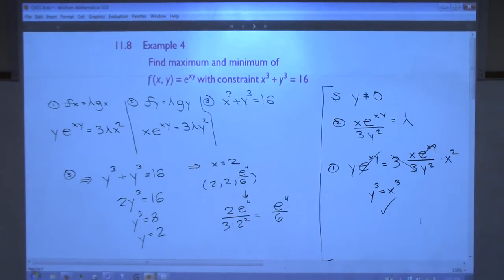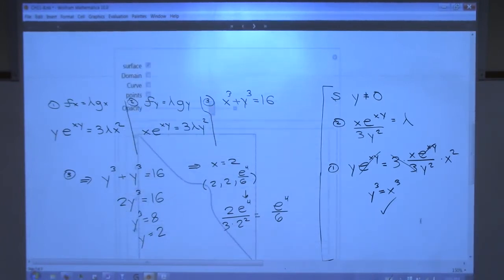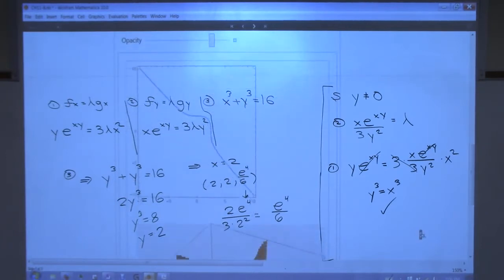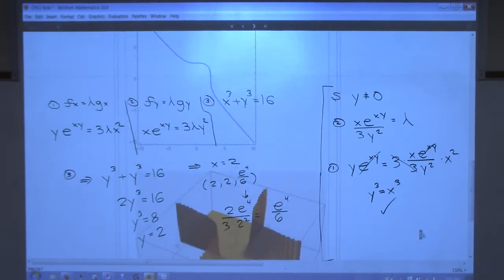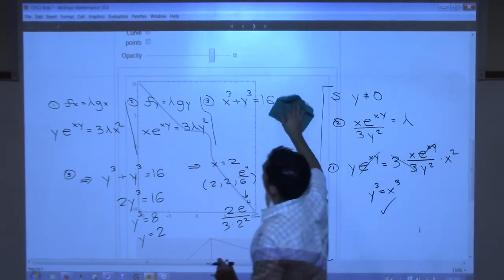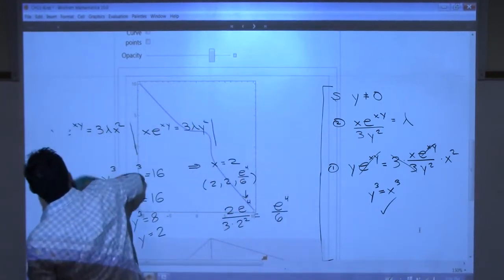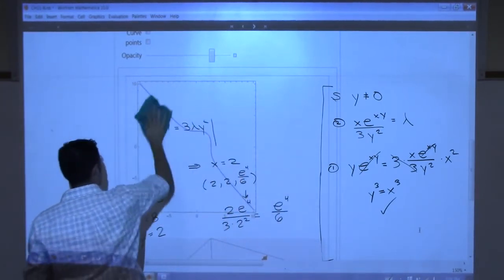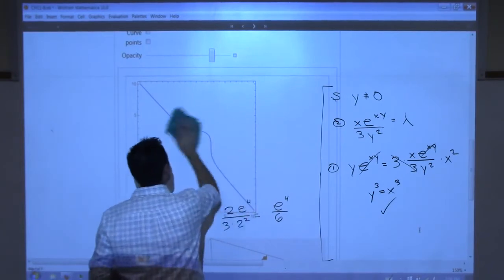Let's take a look at it. Something's going on here. First of all, I should erase some of that stuff, huh? I have the domain graphed separately here.